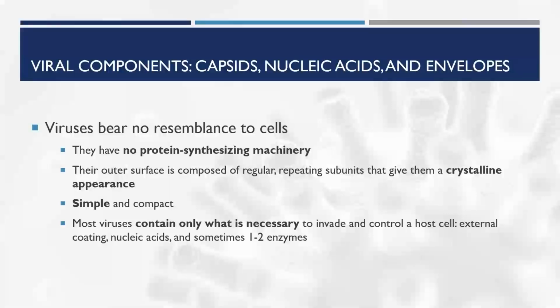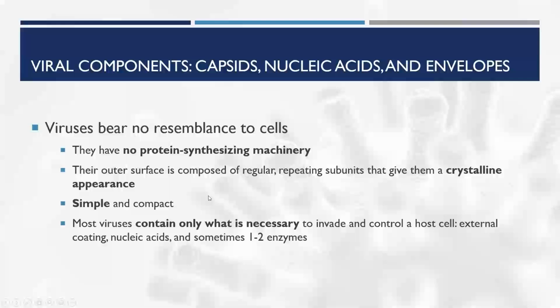Their outer surface will be composed of regular repeating subunits that will give them a more crystalline appearance. So they're not going to have a cell wall and their own fancy cell membrane. Instead, they're going to have a very geometric looking appearance that is simple and compact.